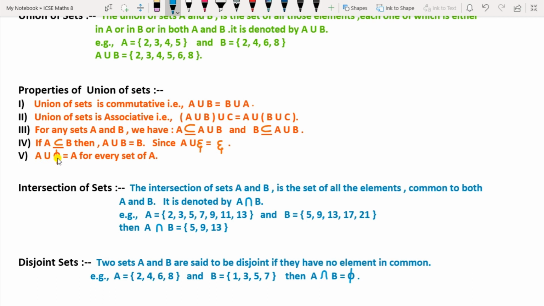If A union phi, that is the empty set, then the answer is A itself. If any set has the union operation done on it with the blank set, then the answer will be the set itself. So those were the properties of union of sets.